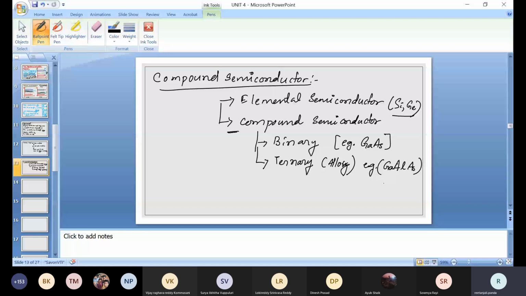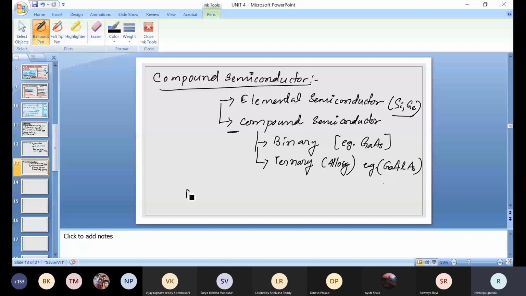In a compound semiconductor, we use two or more elements to form a compound which will show the properties of a semiconductor. If we mix two or more elements, we cannot go for boron nitride.